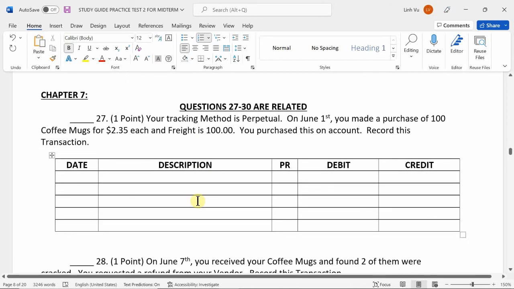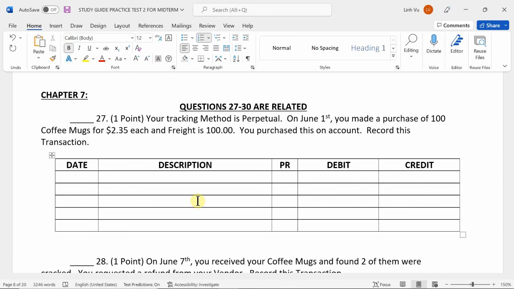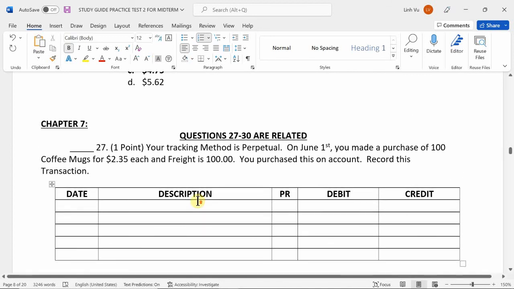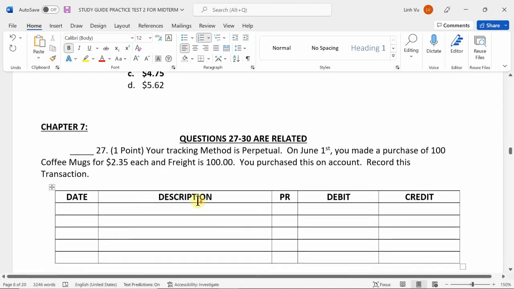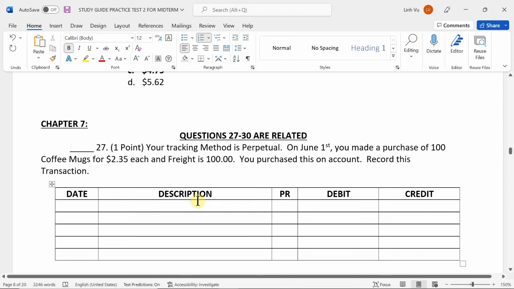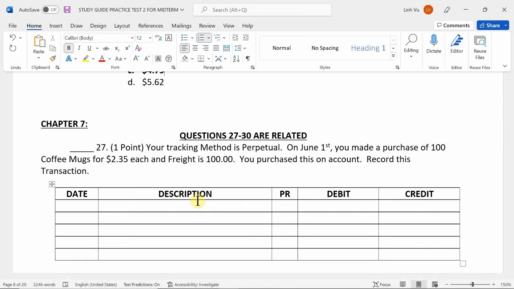All right. So next section here is going to be chapter 7. So it says right here, questions 27 through 30 are related. Okay, so question 27, your tracking method is perpetual.